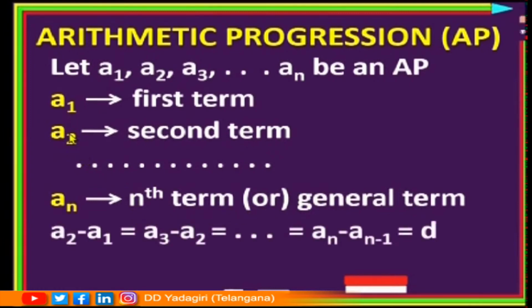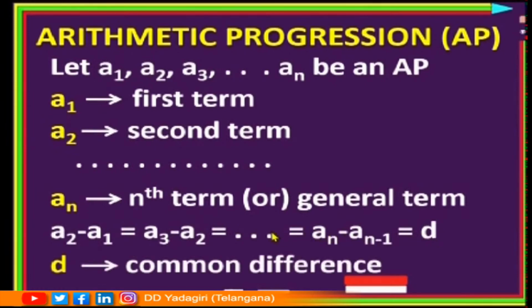So if we find the difference between two consecutive terms, those are A2 minus A1 and A3 minus A2, so on An minus An-1. All these differences are the same, and that common difference is denoted by D, and this D is called the common difference of the arithmetic progression.